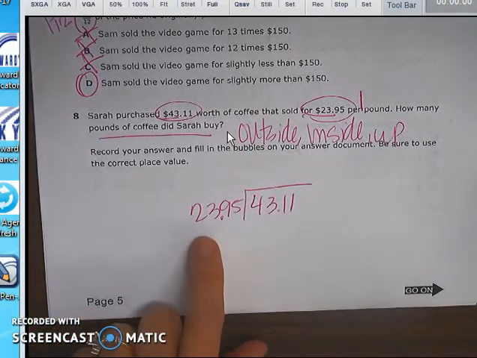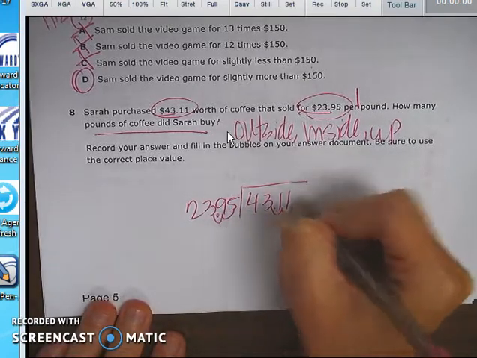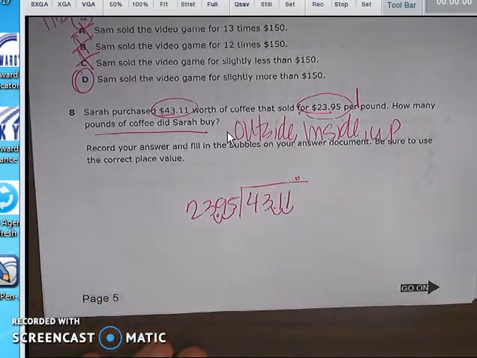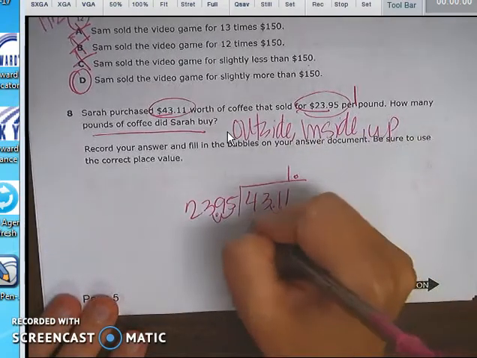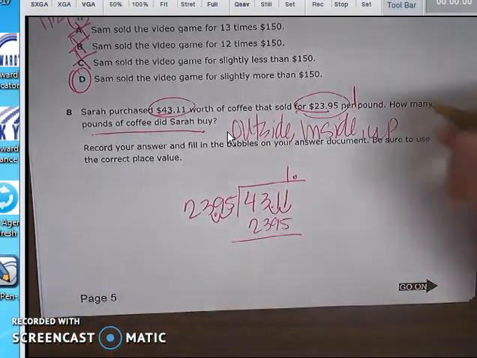You cannot have a decimal in the divisor. Outside, inside, up. Miss Gentry told you on your review that these are ugly numbers, and she's sorry about that, but it's just dividing. There's no reason for you to miss this. Goes in there 1 time, 23.95, subtract, so you have to borrow.